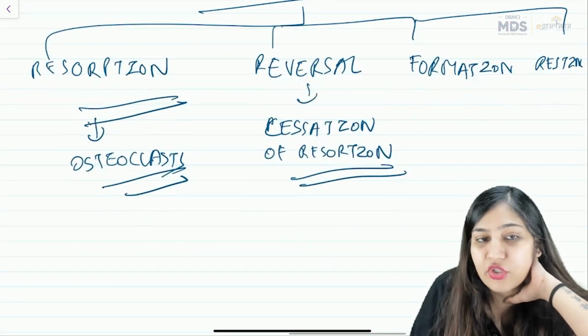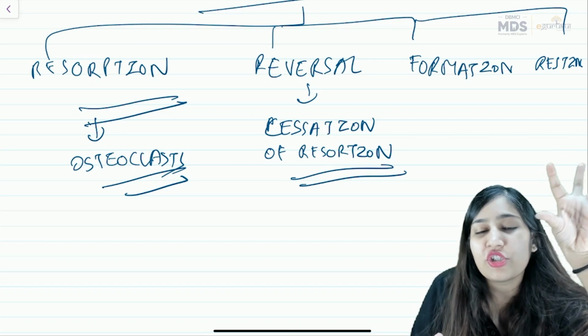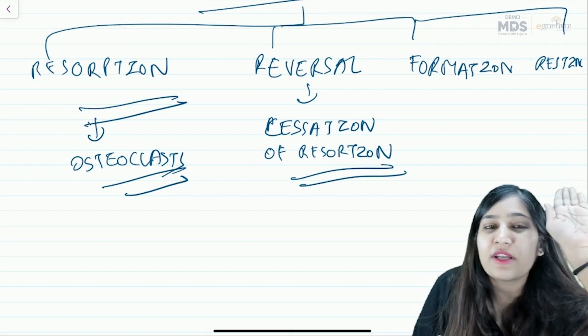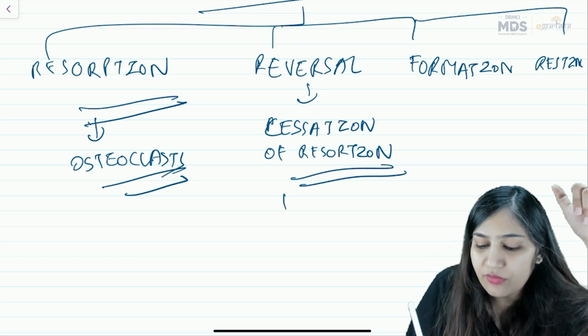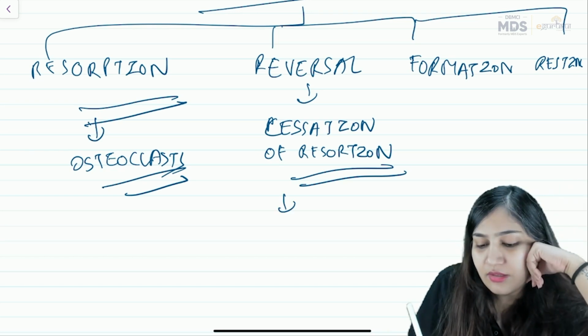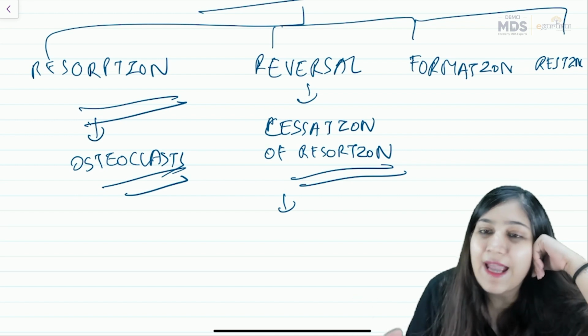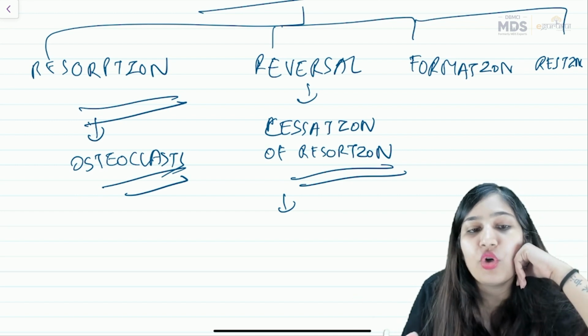For resorption, only osteoclasts are important, but here resorption is stopping, so osteoclast should not be there.